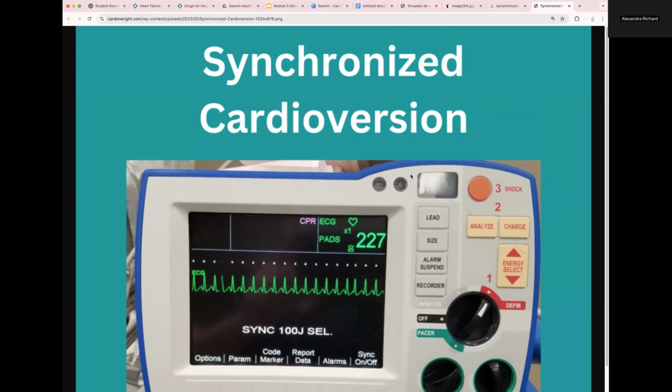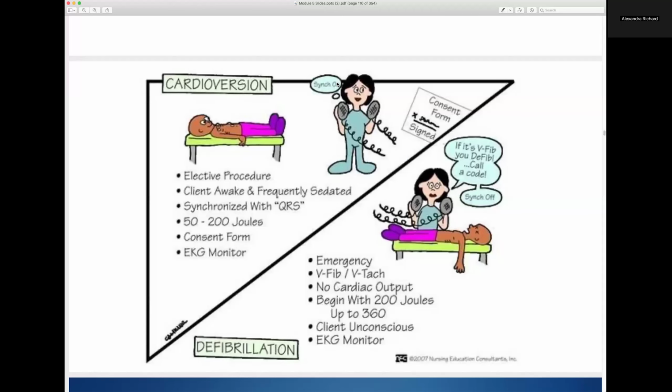So now let's go back. So that's why I say it says sync on. And let me show you just one more picture. Hold on.